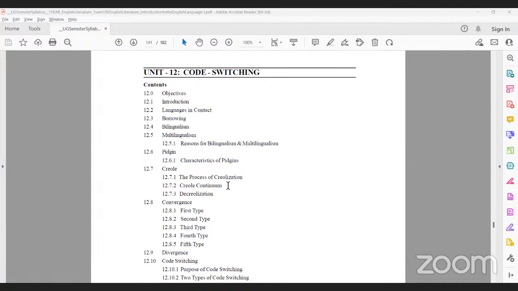Go to page number 148. There are certain aspects we will talk about that.